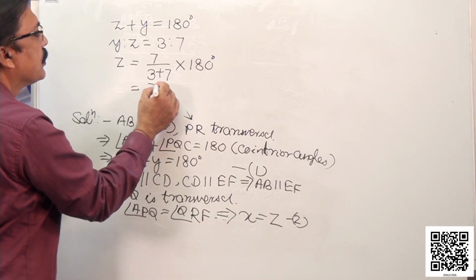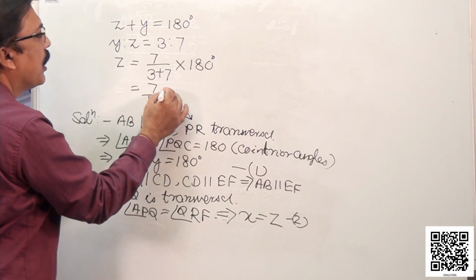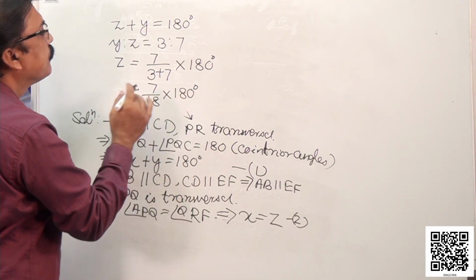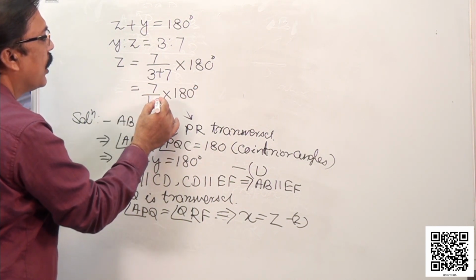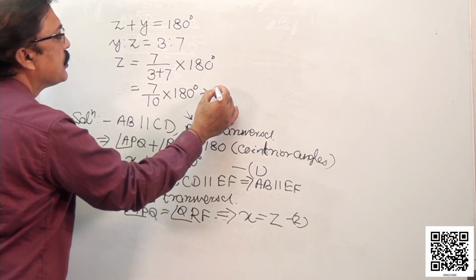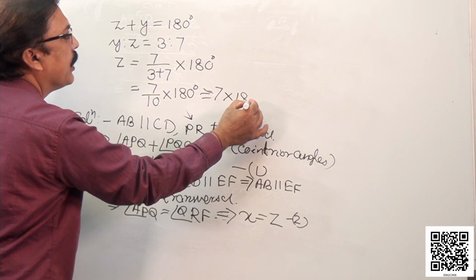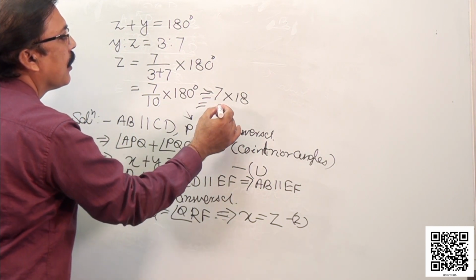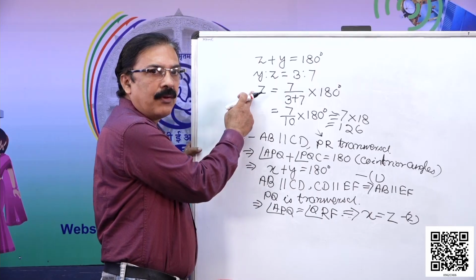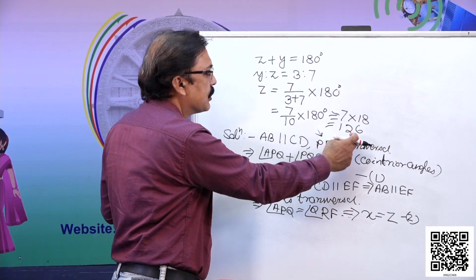That gives 7 by 10 into 180 degree, that gives 7 into 18, that gives 126. So value of Z is 126.